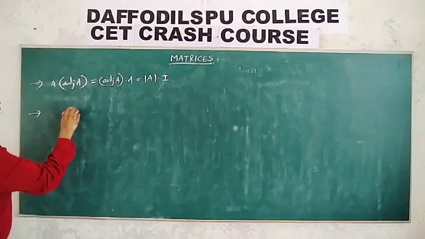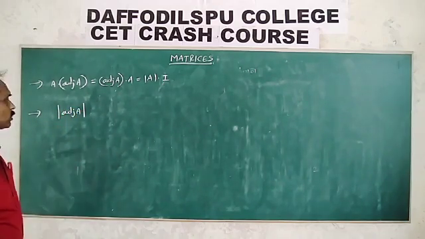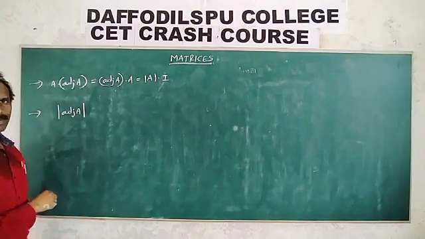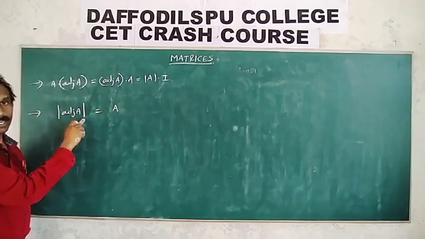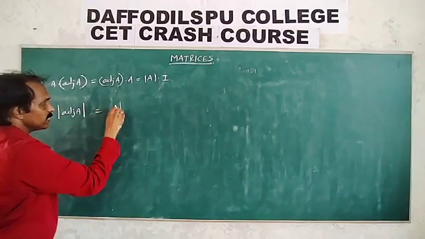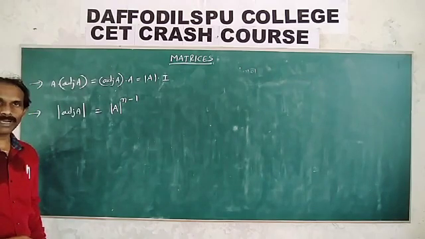The determinant of the adjoint also is a remark in the textbook. For order n by n, det of adjoint A is det A whole to the power of n minus 1.